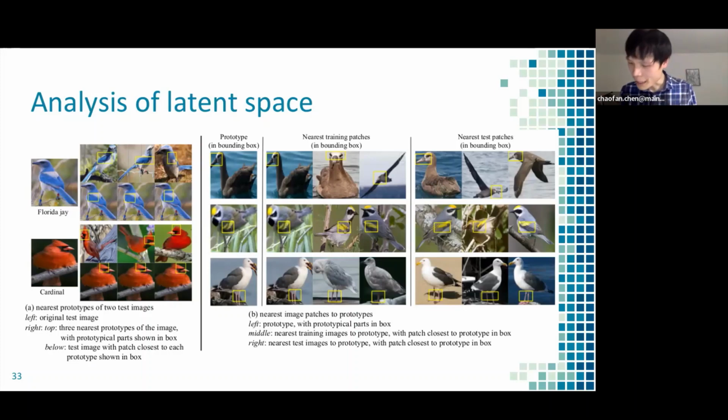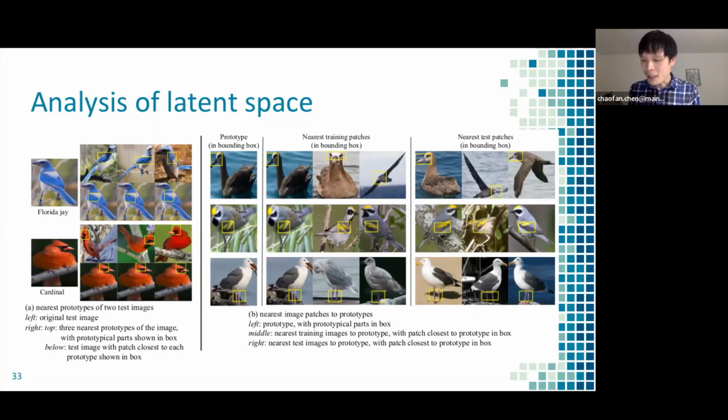And the second prototype is, in this case, the yellow stripes on the wings of golden-winged warblers. As you can see, the nearest training patches and test patches are indeed all the wings of the golden-winged warblers. And the third prototype is the feet of some gull.